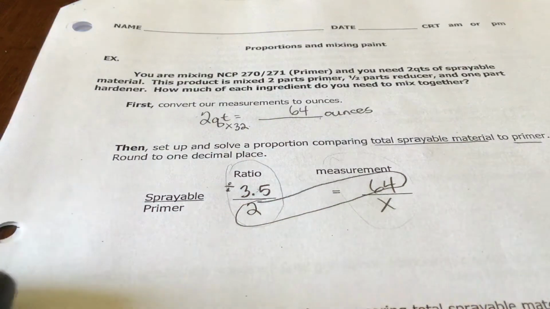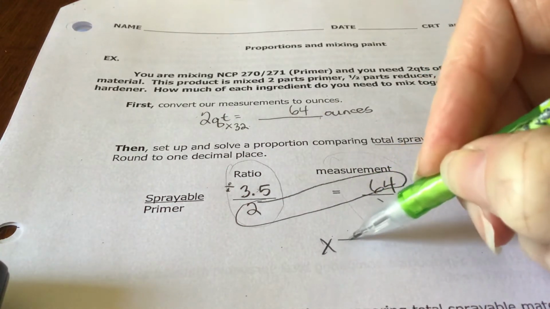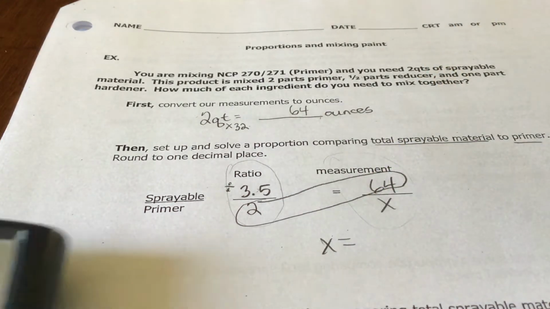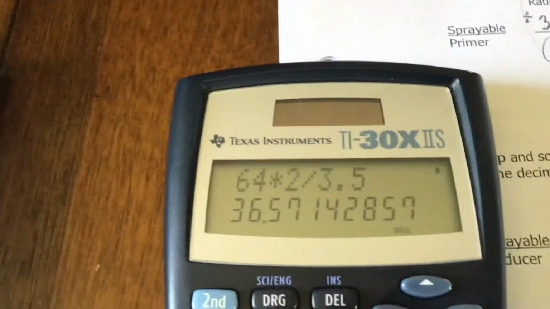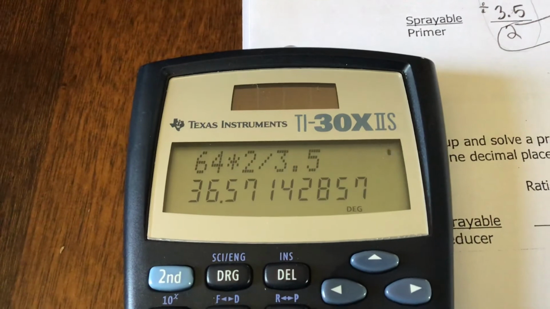So we can get out our calculators, and we're allowed to use those for speed now. We go 64 times 2 divided by 3.5. And I want you to round these answers to the nearest whole number. This was my answer, 36.57.